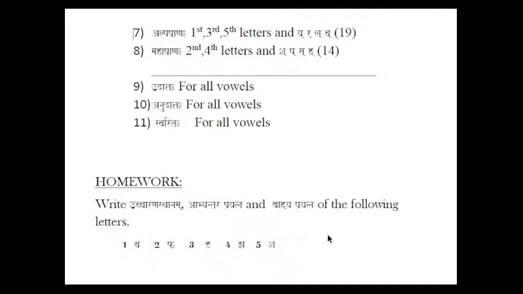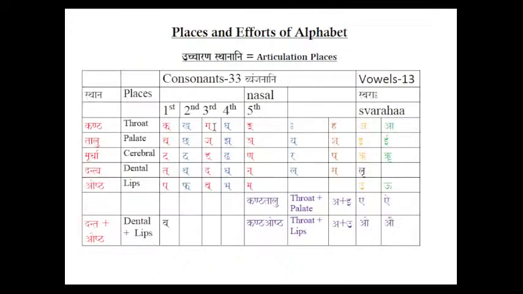So we have to go back to the table of the alphabet. See here, which letters are coming in the first letter of each group? Ka, cha, ta, ta, pa, these 5. Third letter: ga, ja, da, da, ba, and fifth letter: nga, nya, na, na, ma.